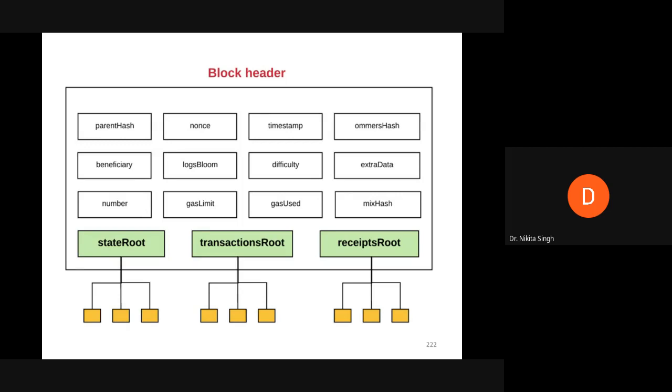In Ethereum, the time taken for building a block is very small. If you take the average time required for building a block, it is around 7 to 15 seconds. If you compare it with other blockchains, like the Bitcoin blockchain, the time required for block generation is 10 minutes.